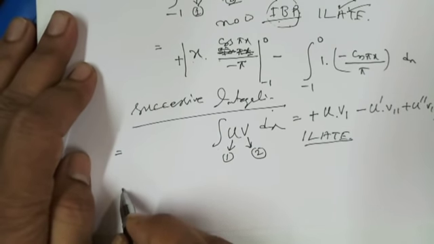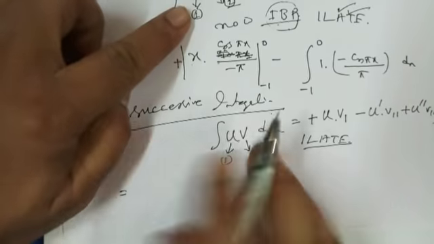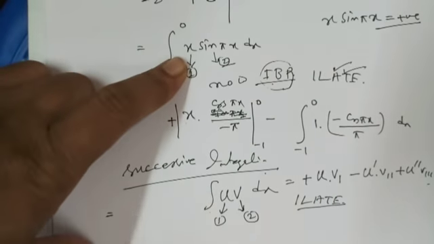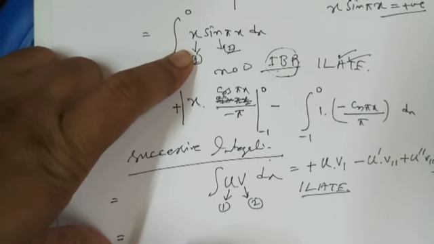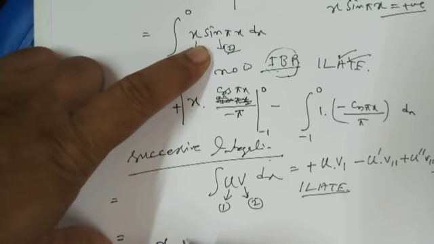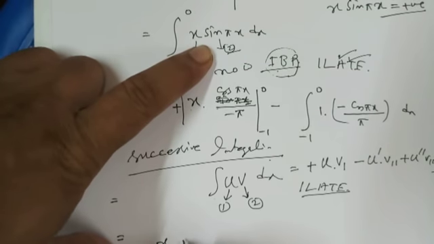Now this will be x sin pi x dx. So x is the first function and sin pi x is the second function. The integration of sin pi x is minus cos pi x upon pi, starting from plus.